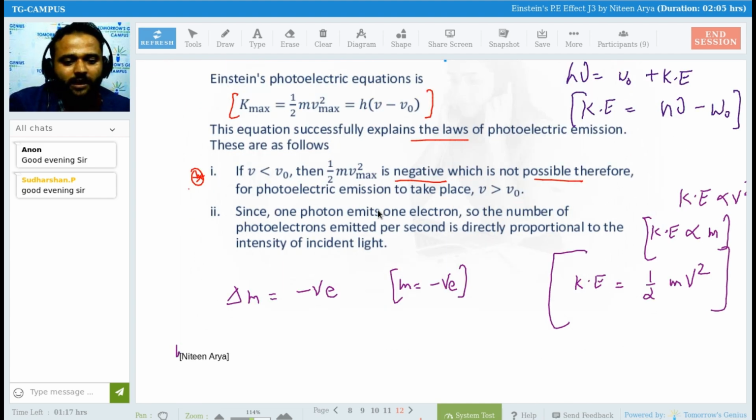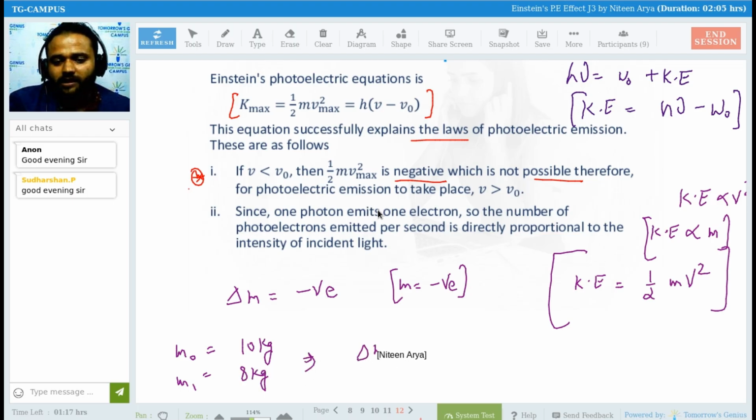Initially we have a higher mass, m naught, say 10 kilogram, and m1 is 8 kilogram. Then the change in mass is m1 minus m naught, and that is negative. It means the mass decreases, not that mass is negative.